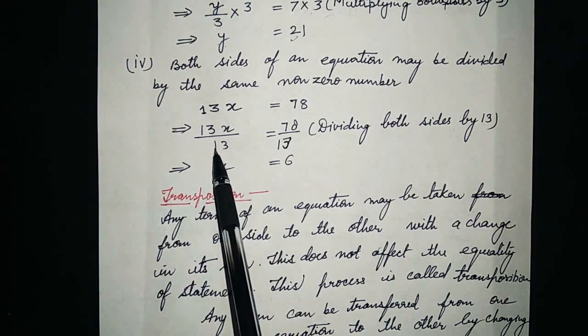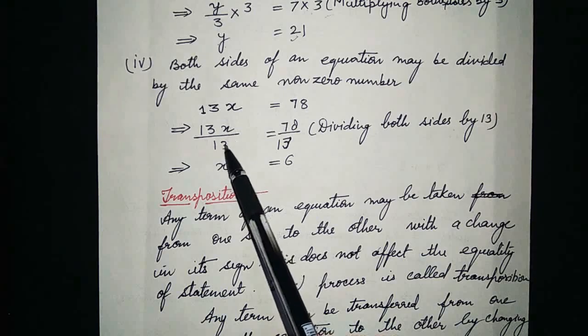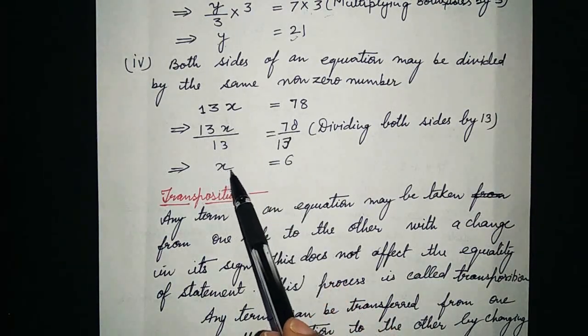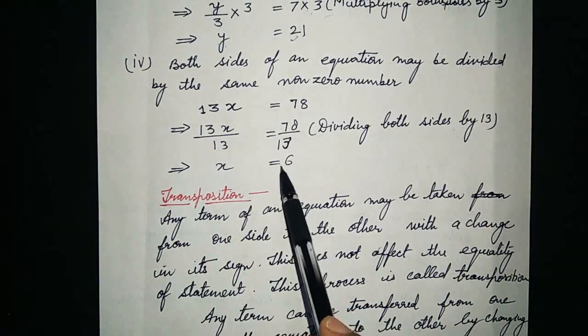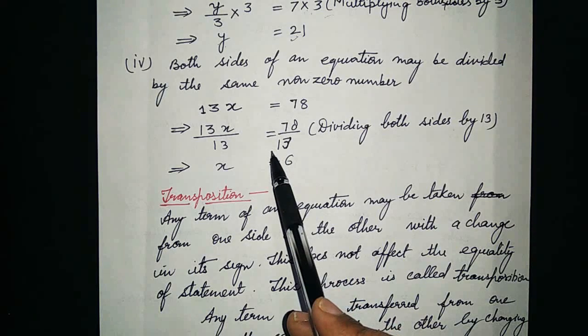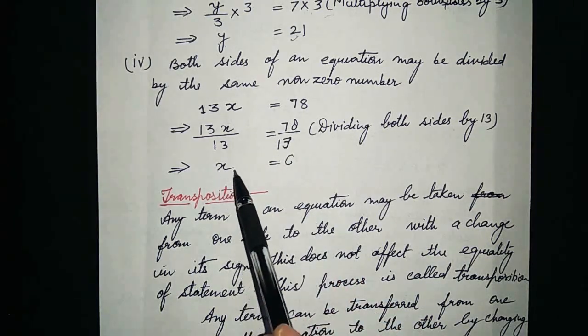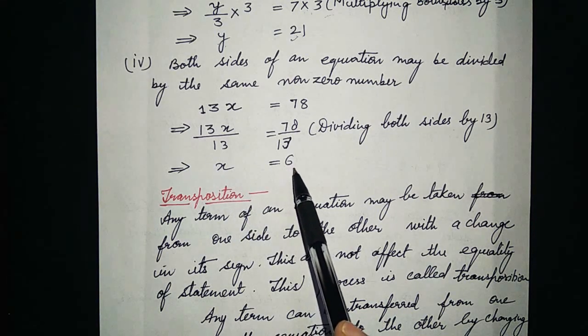And like this, you will not get this 13 on the left hand side, because this 13 and this 13 can cancel out, and what will remain is x. x is equal to 6. Why 6? Because 13 into 1 is 13 and 13 into 6 is 78. So like this you get the value of x is equal to 6.